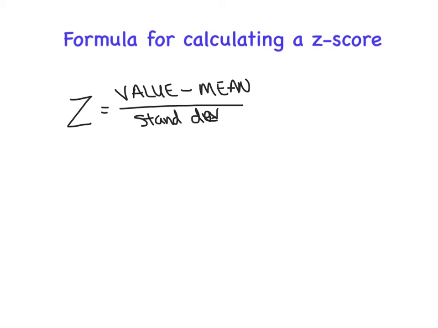Symbolically, what that might look like, I usually cross my Z's so that they don't look like 2's, is we're going to take a given score, subtract the mean, and then divide by the standard deviation. So whichever formula you prefer, whichever one makes more sense to you.